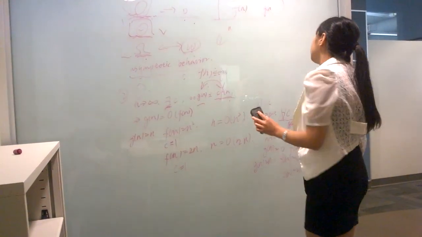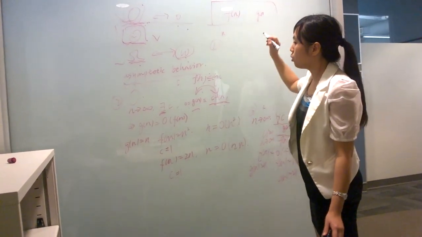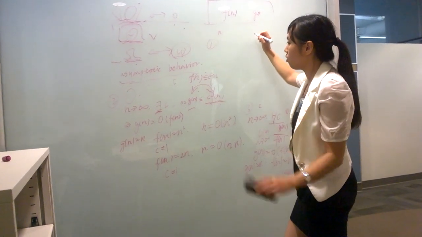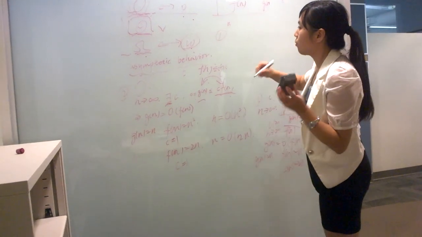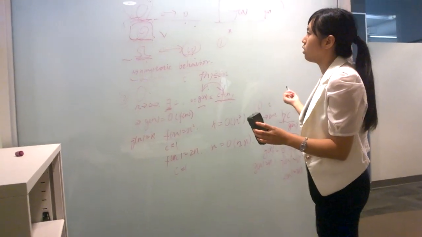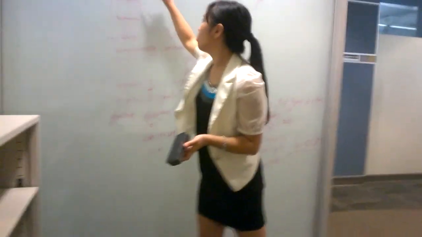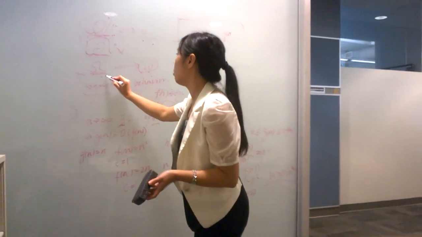We use this notation to represent algorithm complexity, and we want the algorithm to run as fast as possible. So we care about the worst situation for the running time. So we care about these two the most, and sometimes we care about this, but not too much, I think.